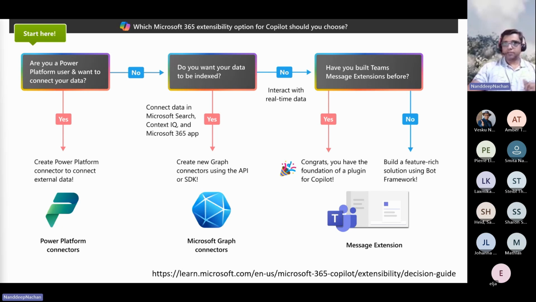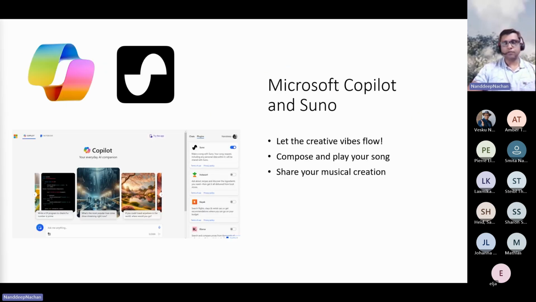I guess that was pretty much the theory we wanted to cover, but now let's get into one of the examples which even Microsoft uses. This generative AI is making big changes in how we can communicate and work with technology.